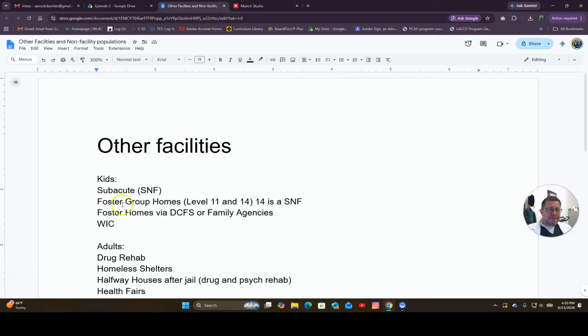Foster group homes. Foster homes are different. Foster homes are what you would think of as somebody adopting, let's just say, okay? A lot of them don't get adopted, but in somebody's house. So you could have kids that are your biological kids, and then you're also a foster parent. Or you could be a single couple and you're a foster parent.